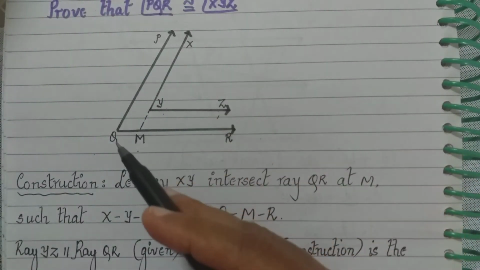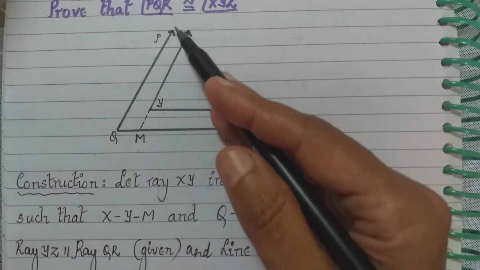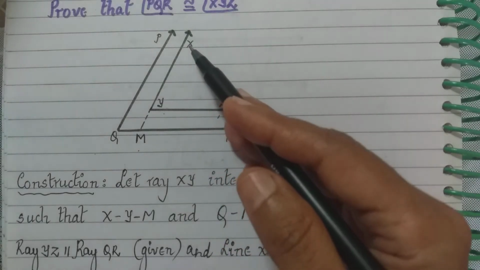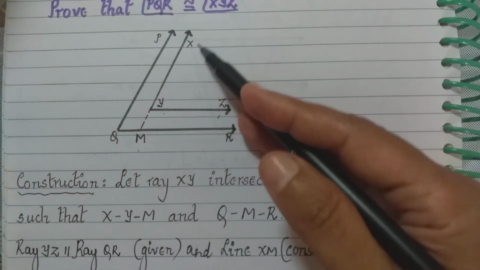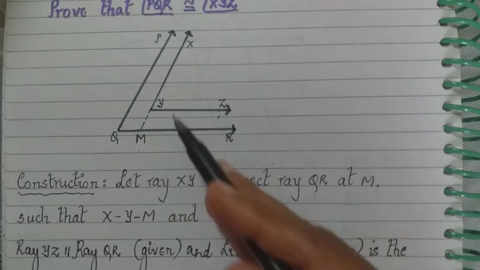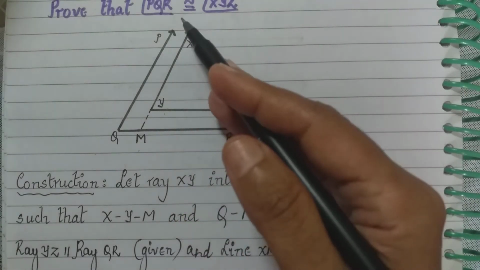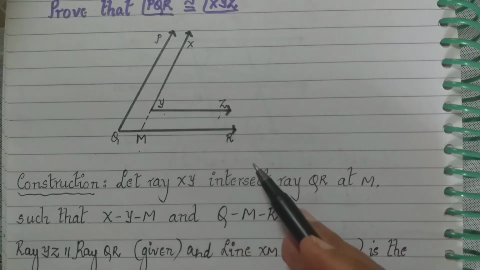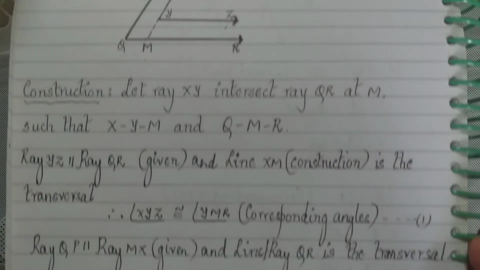Now this angle PQR, I can also name it as angle PQM. Then the other angle is angle XMR. I can also name that angle as YMR. So angle PQM is congruent to angle YMR.